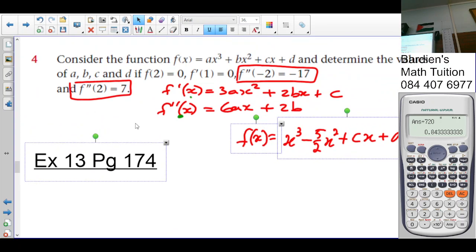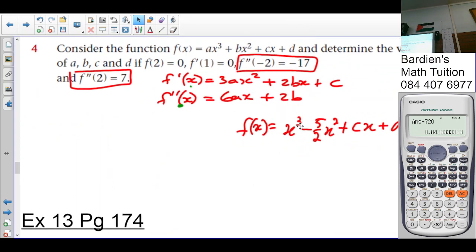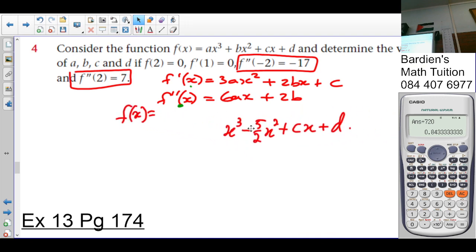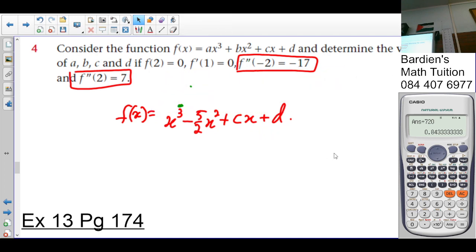So that's what the sum now reads. I don't actually need this now, so I've got the values of a and b.